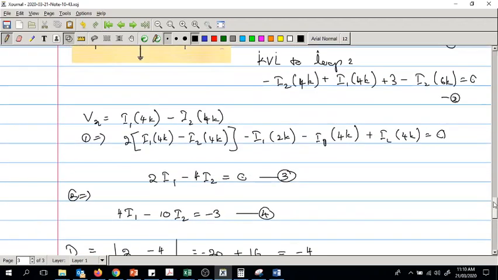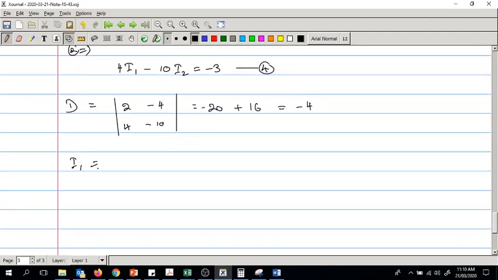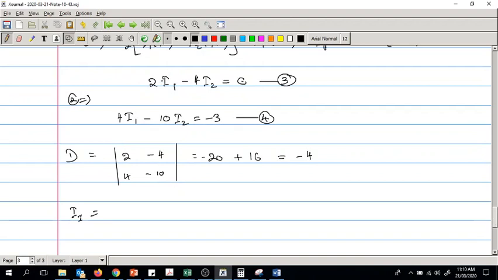Actually what we want is not I1, right, what we want is I2, so I'm going to write I2 straight away. I2 is, you keep this as it is, 2 4, but 0 minus 3, divided by D, right, so that is minus 6 divided by minus 4, which is 1.5 amperes, right?